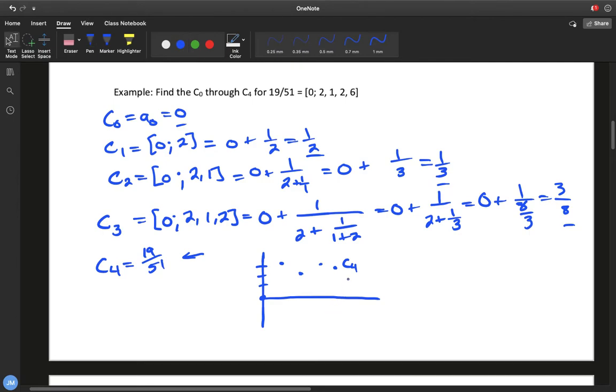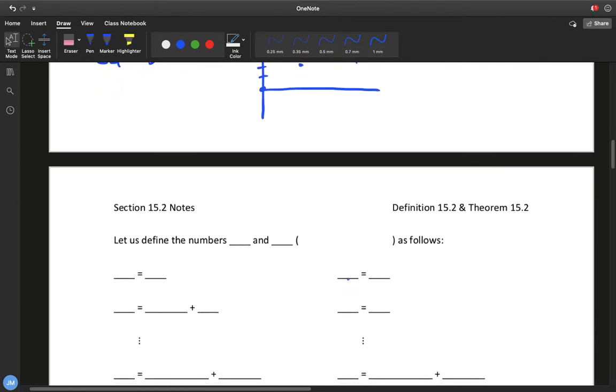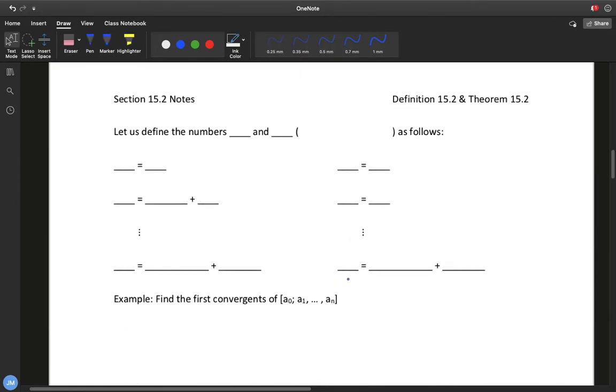Okay, so to give us a little more notation to work with, especially in regards to the theorem that we are going to develop, we're going to define a couple of new numbers, P sub k and Q sub k, where k will be a number from 0 up to n, as follows. The first term, P sub 0, will just be the same as A sub 0.